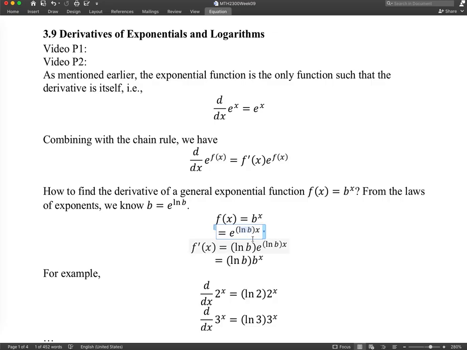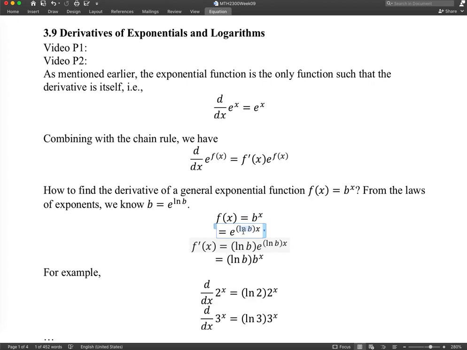Many times we don't like to deal with logarithms, but in calculus, I suppose you know logarithms very well. And indeed, the part I highlighted here, ln of b, is nothing. It's just a constant. So the exponent is just a constant times x. Accordingly, the derivative of the exponent is just a constant, right? So it is the constant times the same exponential term.